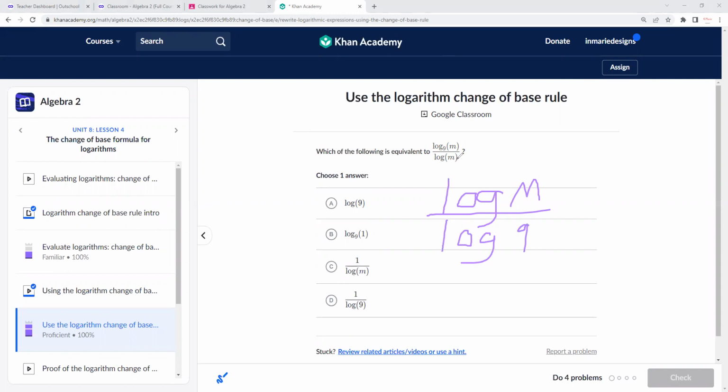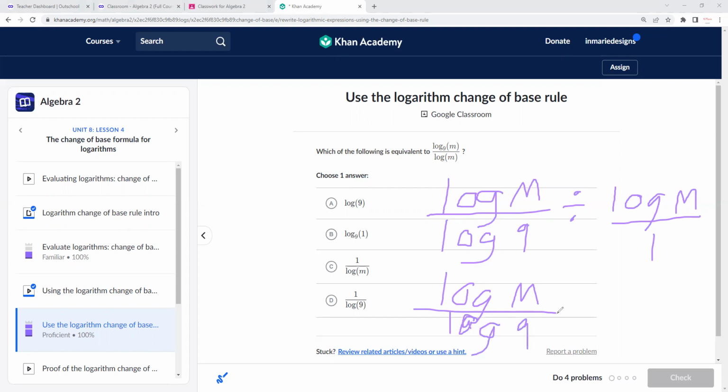So now I'm dividing by log m, which is just going to be log m over 1. So argument over 1. And then rules of fractions. When you're dividing fractions, you flip the second fraction and you multiply. Flip and multiply. These cancel out, and then you have 1 over log 9, which is this one.